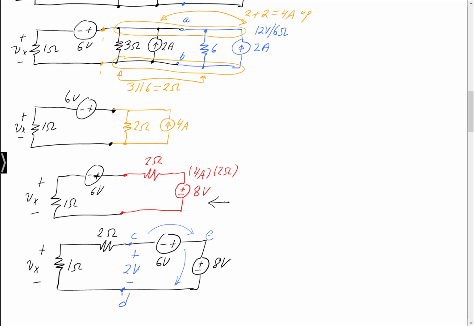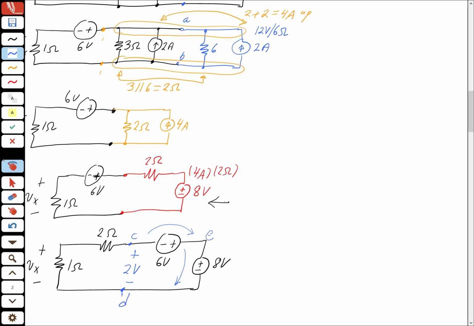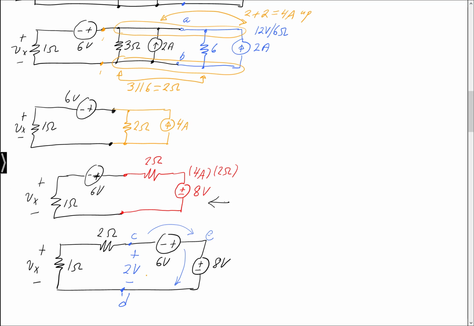Well, if you imagine having a little loop around here, imagine going around a loop this way. Does that KVL hold, right? Think about starting at D. I go up by 2 volts. I go up by 6 volts. I go down by 8 volts. I'm back to the same point.